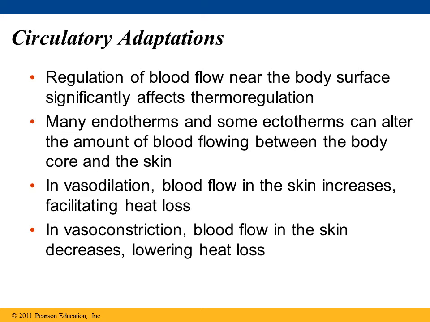In vasodilation, which is when the vessels get wider, blood flow in the skin increases. This promotes heat loss in order to cool the animal. In vasoconstriction, when the vessels get smaller, blood flow in the skin decreases and lowers heat loss in order to maintain the body temperature.